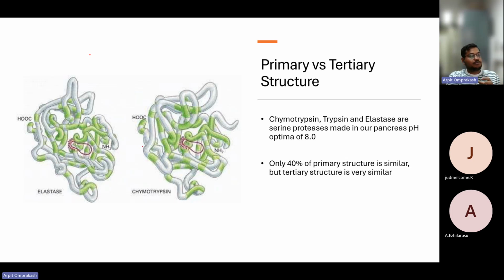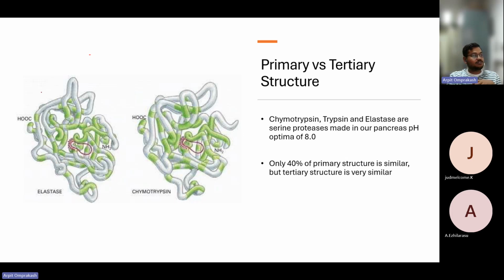So here is an example showing chymotrypsin and elastase, which are proteases that are created in our pancreas, and they work at an optimal pH of 8.0. Here we see that even though both have different primary structures, different strands, different amino acid sequences, they are forming similar structures because they are performing a similar function.